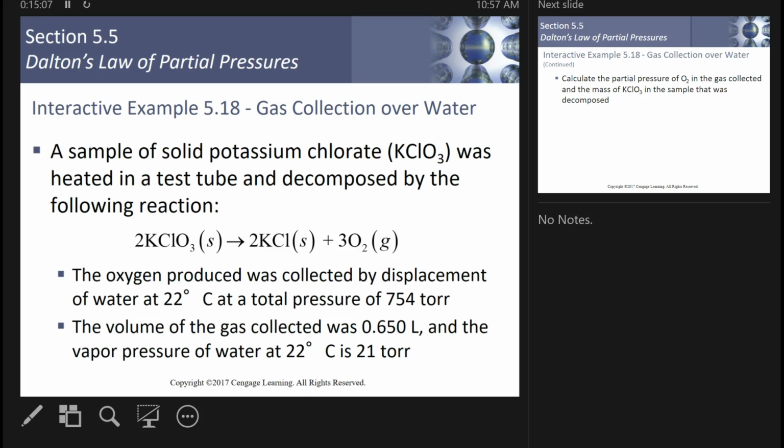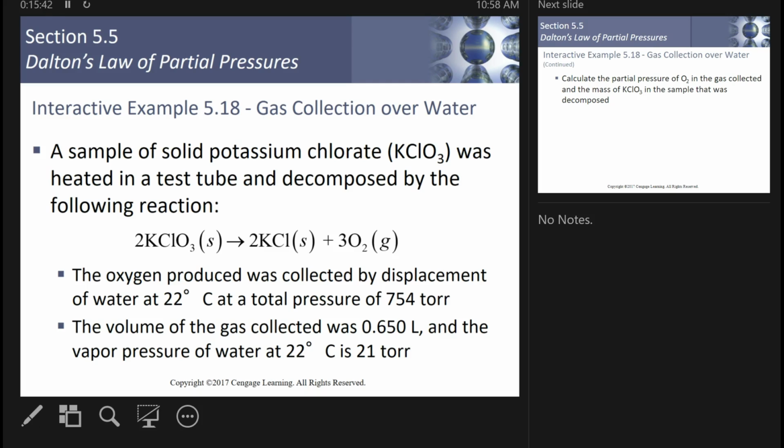We got a really small number. Once we get the moles of O2, we multiply it by 2/3.